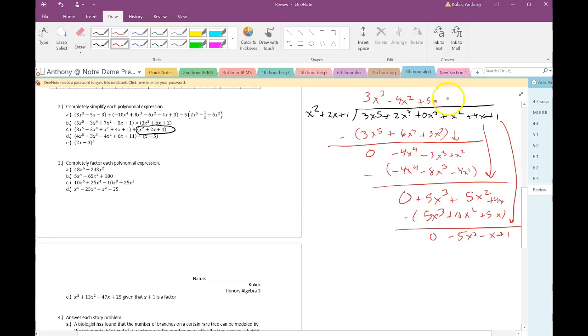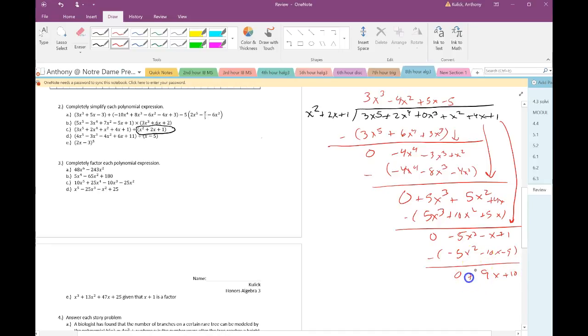And then I ask myself, what times x squared gives me negative 5x squared? Well, negative 5. And then subtract down, I get 0, 9x plus 10.